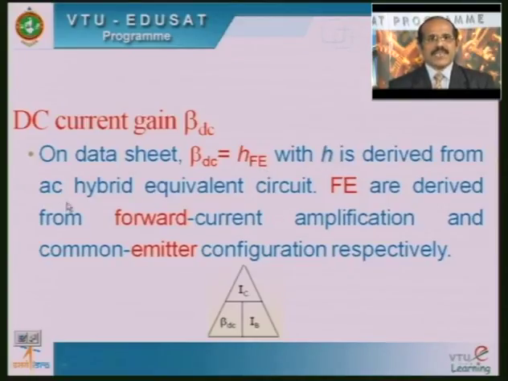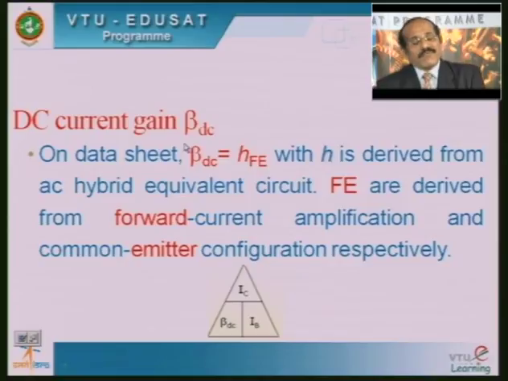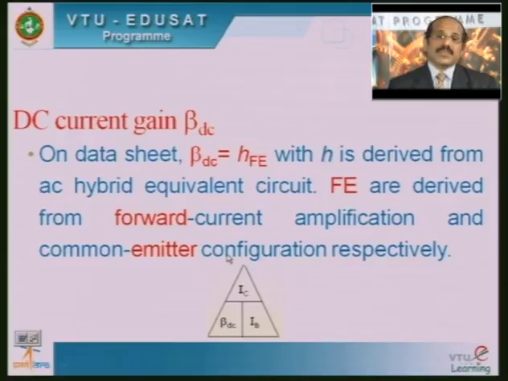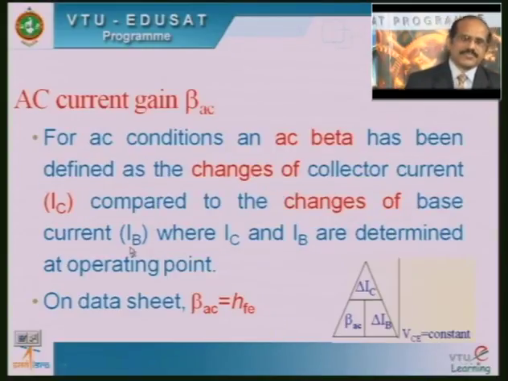H is derived from the AC hybrid equivalent circuit, and FE is derived from forward: F stands for forward current amplification, and E stands for common emitter configuration. So usually in the manufacturer specification sheet, beta DC is mentioned in terms of HFE.